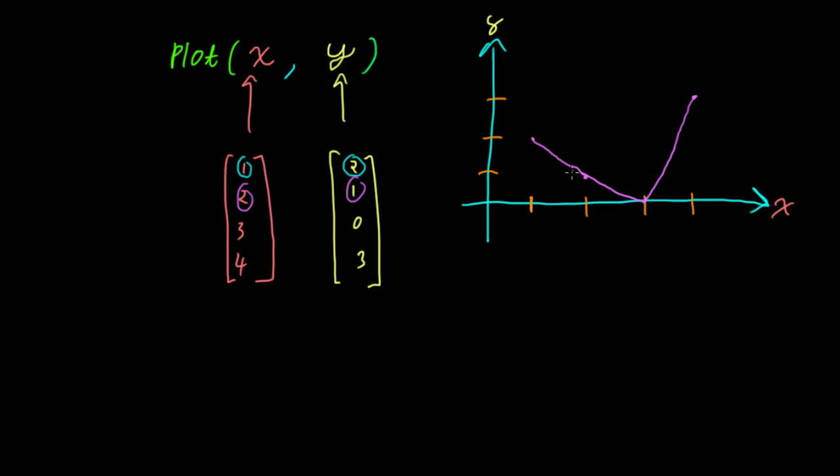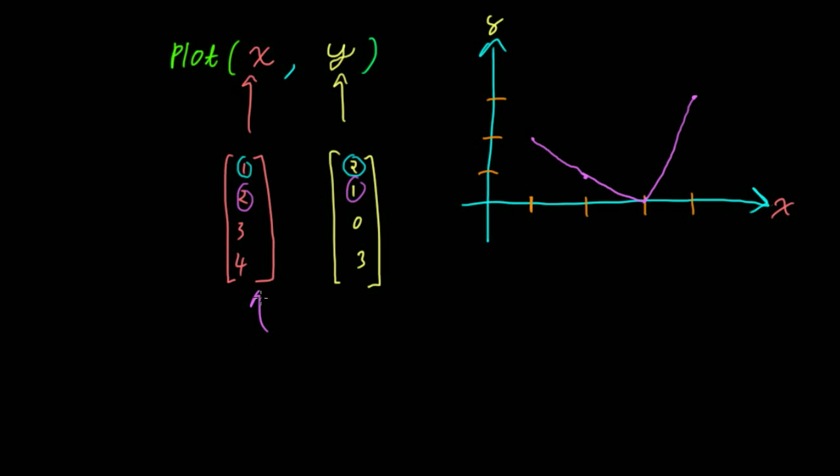One of the things that I've seen people do before is they say, oh, well, if I just want to plot x squared, I can just say plot, open paren, x caret 2, and that should plot x squared. Anyway, hopefully we'll see in this video that what you have to do if you want to plot a function is pass in an x vector and a corresponding y vector.